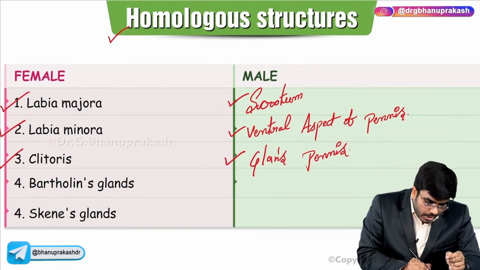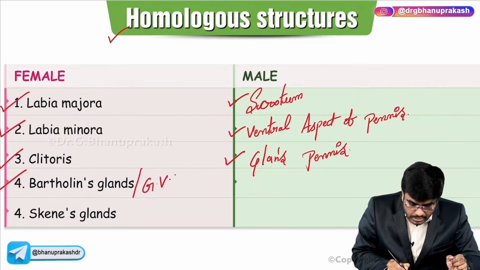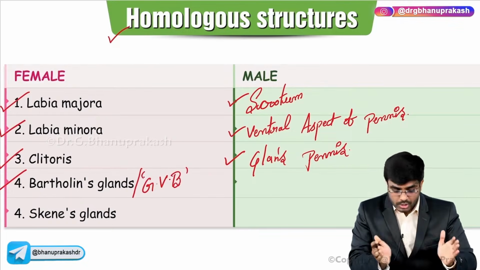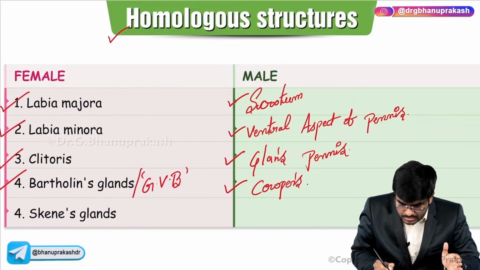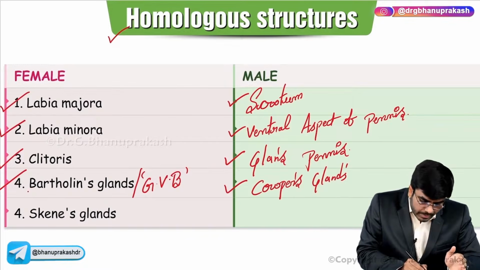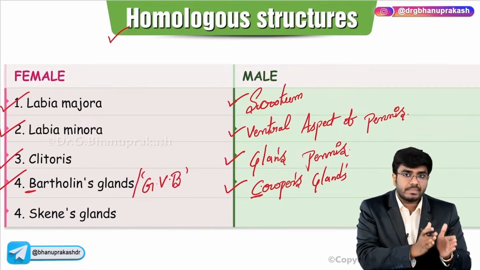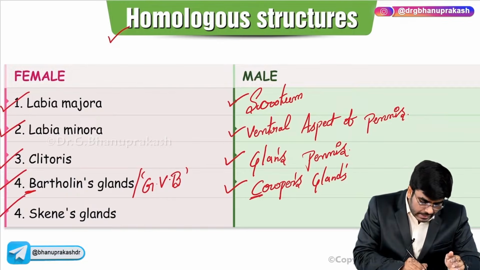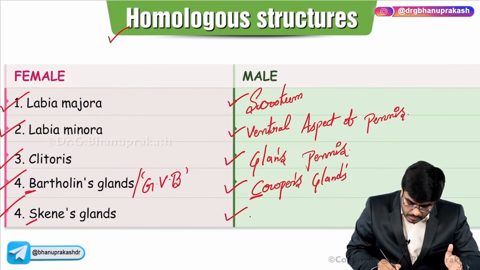Now, Bartholin's glands, also known as the greater vestibular glands, are homologous to Cowper's glands. Now, how to remember? I used to remember it something like BC, something like BC AD, 1200 BC. So Bartholin's glands are homologous to Cowper's glands, and Skene's glands, also known as the paraurethral glands, are homologous to the prostate gland.